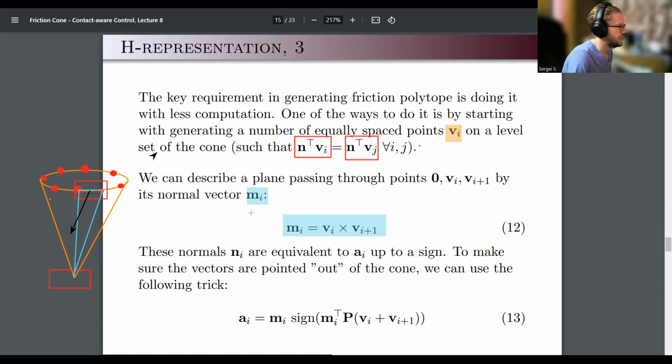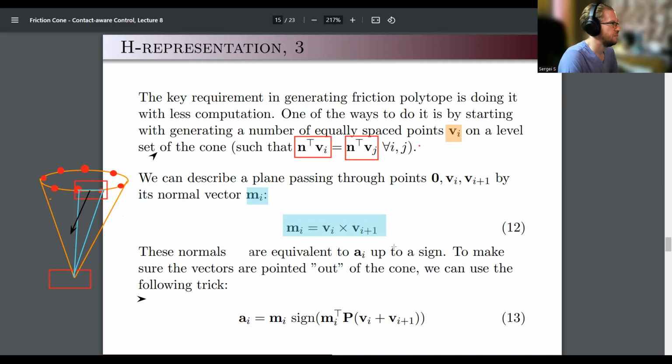So this normal m sub i, again, the m sub i's are actually equivalent to a sub i's up to a sign. So they don't necessarily have the correct sign. They have to point away from the normal direction. They have to point away.